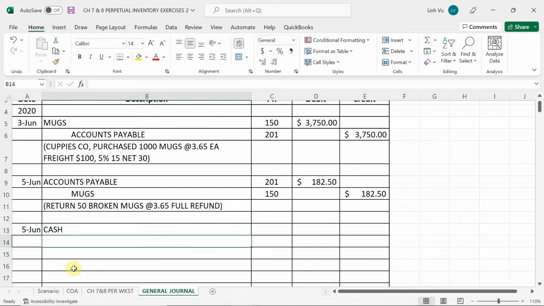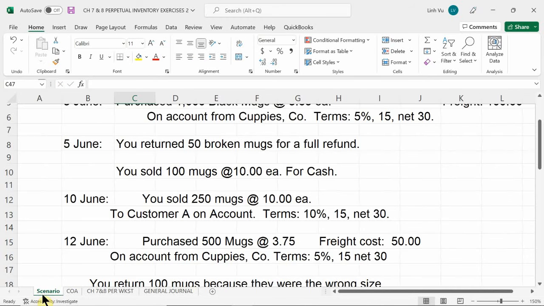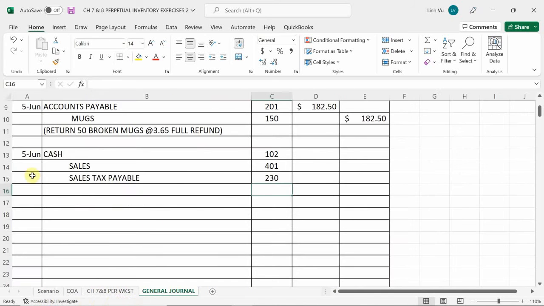We received cash. We had sales. And we charged sales tax. Okay. All right, and that was account 102, 401, and 230. So let's see. If I sold a total of 100 mugs at $10 each for cash, okay, 100 mugs at $10 each, right?